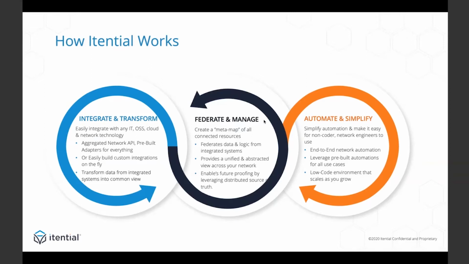And then ultimately, as we expose it out, we have to make this very easy. Automating across multiple technologies with multiple data models and multiple APIs can be overwhelming. So when you see Matt going through the demo, you'll see a very drag and drop, low code environment. We use technology to do the heavy lifting on the federation, API consumption and data manipulation, and then expose it in a way that the people who actually understand the network service can build the automation.